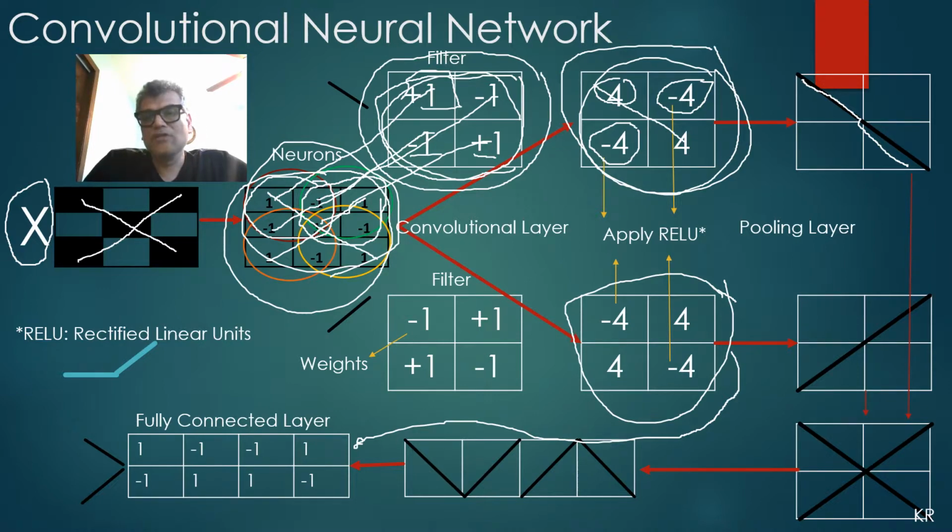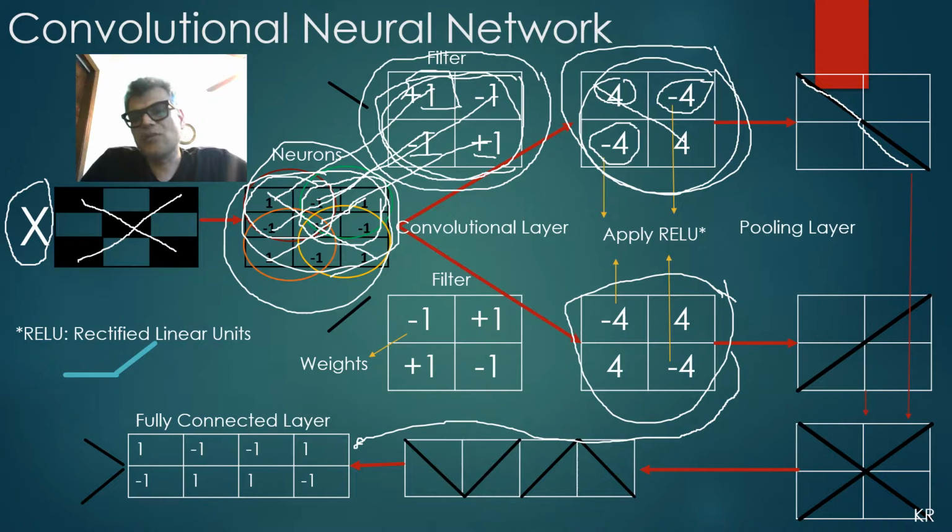So by a repeated process of learning, it determines the probability of any input number without the label being an X, or for example a 0. So this is a very simple explanation of what a convolutional neural network is.